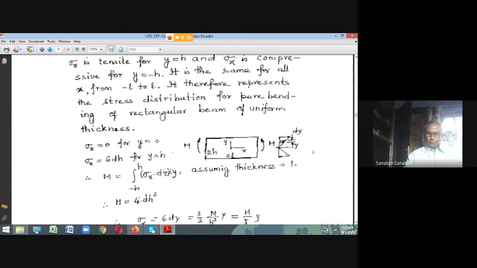If we want to take the moment which is externally applied, and the stress is varying linearly, then to get the moment at the edges, you take sigma X multiplied by dy, that is the load, and take the moment about Y. If you do the integration from minus H to plus H, it gives M equal to 4dH cube. That's the moment, and therefore constant D is obtainable from the externally applied bending moment.